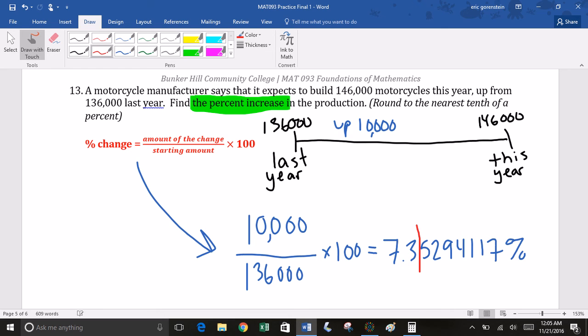Our final answer should be approximately 7.4%. The 3 in 7.3 rounds up to a 4 because the number following the 3 is a 5. Okay, so 7.4% for this one.